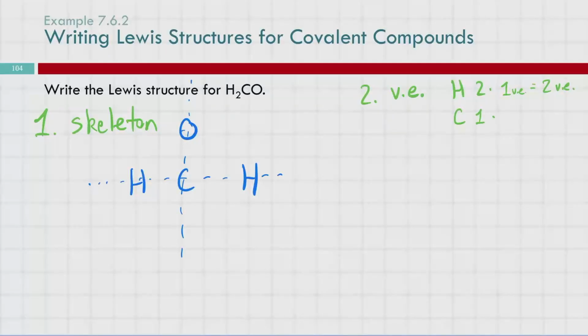How many dots would carbon have? It would bring in 4 valence electrons. And what about oxygen? It's going to be 6. So 2 plus 4 plus 6 is 12 valence electrons.